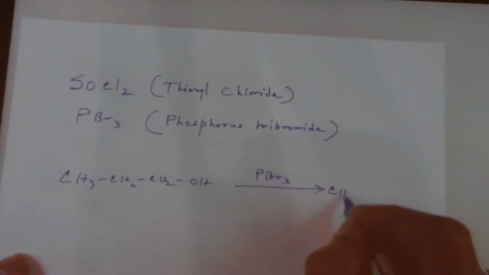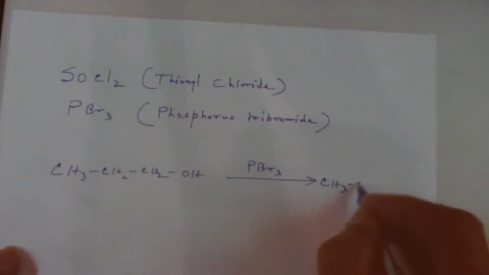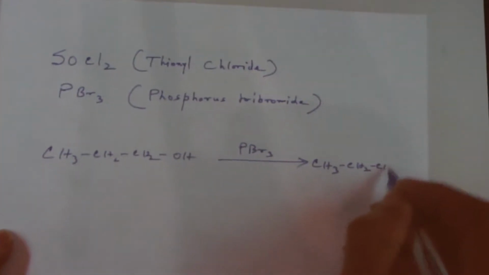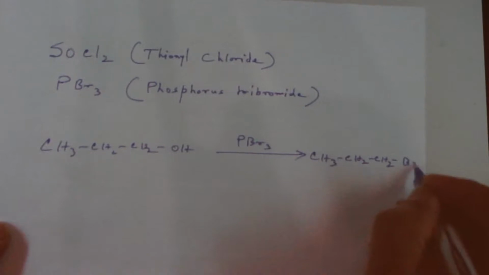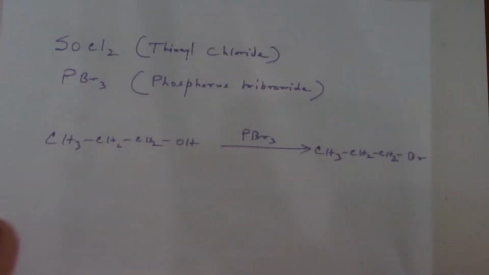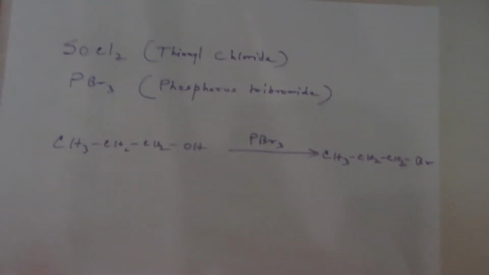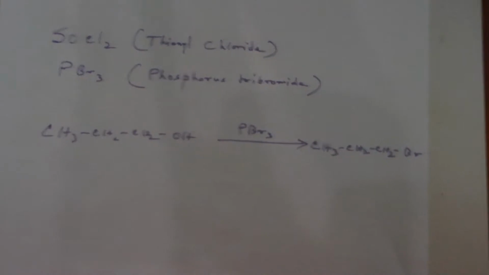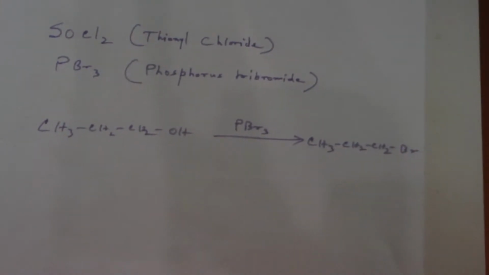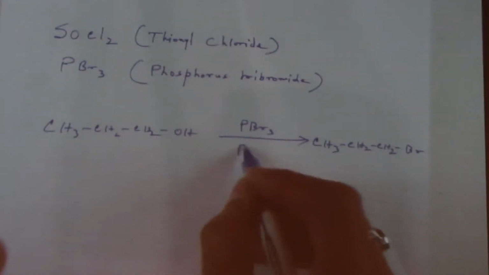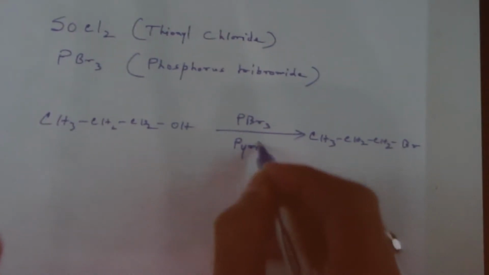So if you use, for example, PBr3, it can be very easily converted to the bromide. And often with this reagent, sometimes a catalyst helps the reaction to go faster. And typically for this, we use a weak base such as pyridine.